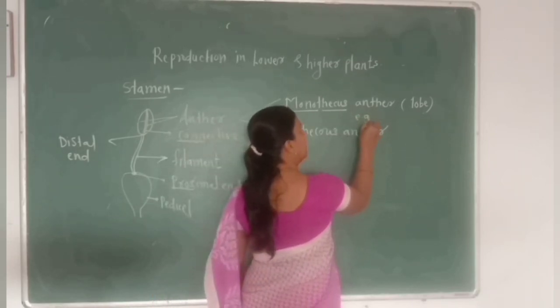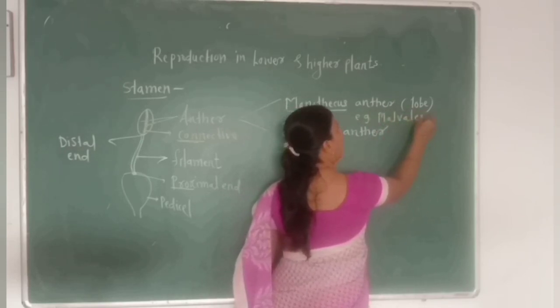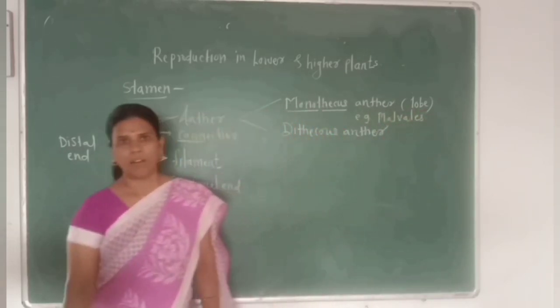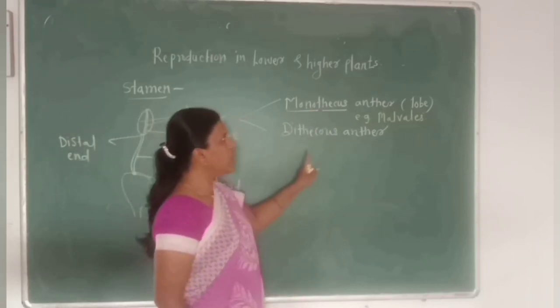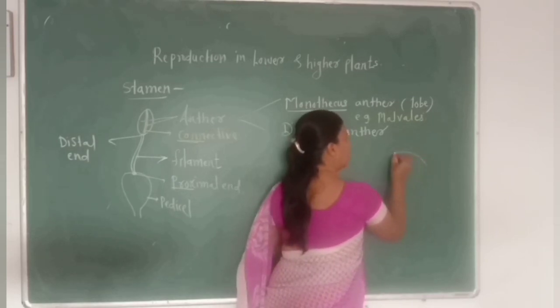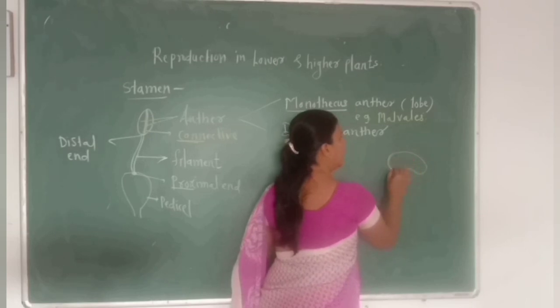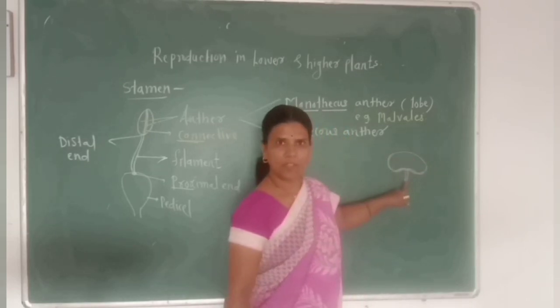Monothecous anther is mainly present in members of order Malvaceae. All the members of Malvaceae mainly show monothecous anther, in which only one lobe is present. The anther looks like this, with only one lobe. This is the filament of the stamen.